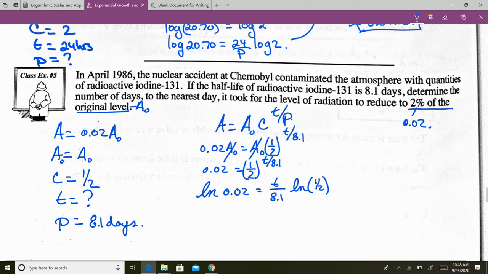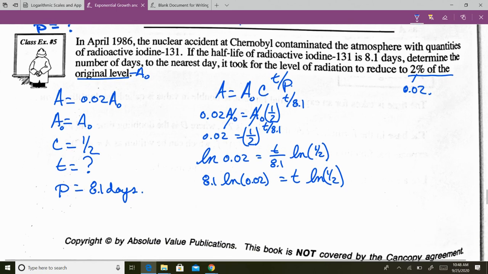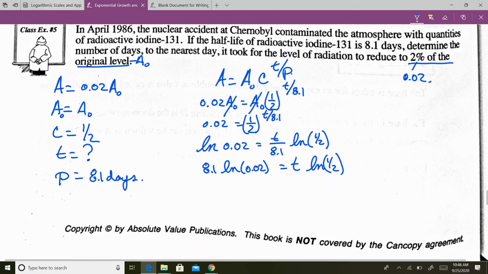What do I do to solve for T? Multiply the 8.1 up. And then divide off the natural log 1/2.